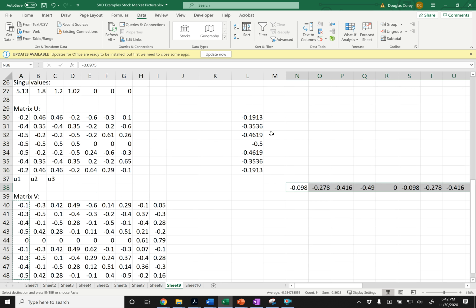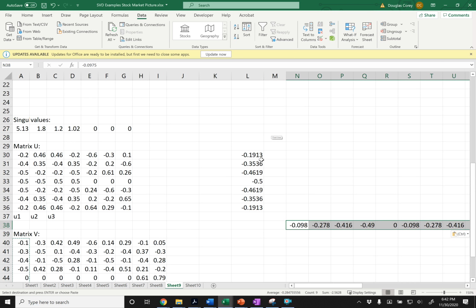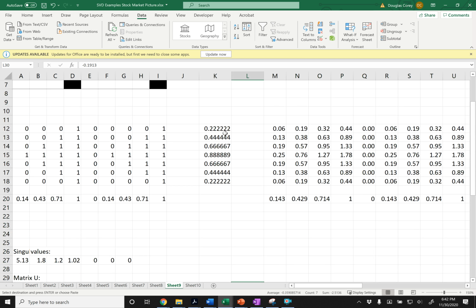Negatives are fine. They scale when they do the decomposition. They make it so the singular values are all positive, and sometimes that means that you get vectors that are all negative. That's okay. You will see though that this vector here, this U1, does seem to follow the same pattern that we had with our makeshift one.